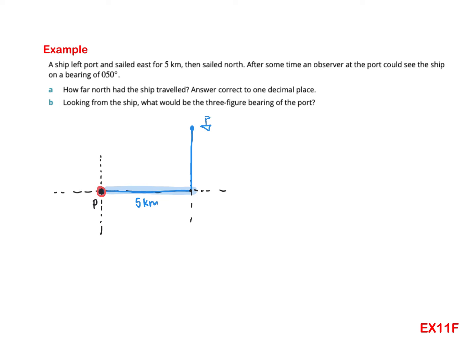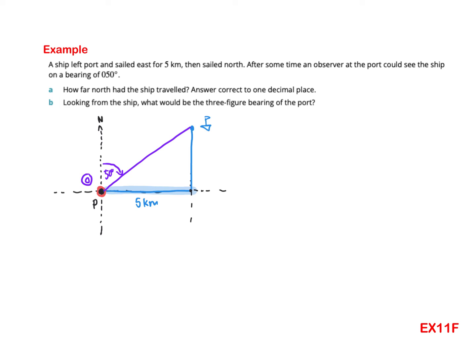And they said they could see the ship at a bearing of 50 degrees. So if I do the purple, here's your observer. They're looking out at this boat, and what they're saying is that they can see them at a bearing of 50 degrees. So remember, a bearing always goes from north until you get to the line. So they're saying that there is 50 degrees, okay?